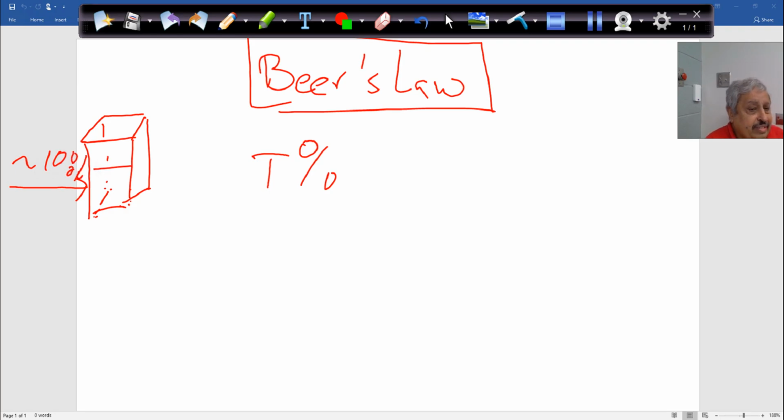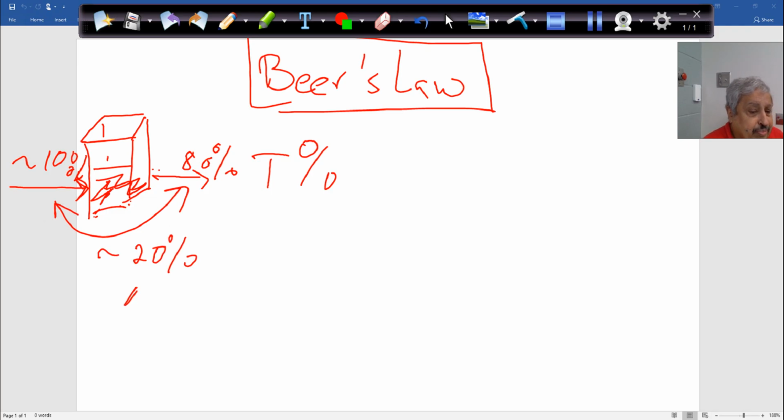Because this compound is colored, it will absorb part of the light and it will go out at, say, 80%. So 20% of the light is taken by the colored compound, absorbed.